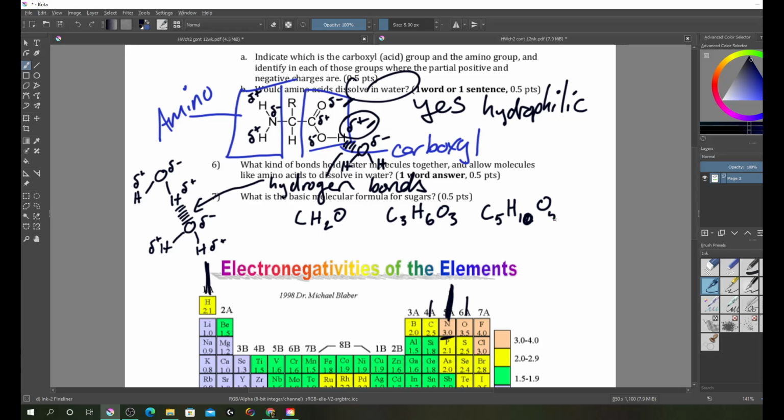C5H10O5, again, same number of carbons and oxygens, twice as many hydrogens as carbons. You can have glucose, that comes up a lot in biology. This is where you get the H12. But you see that the ratios stay the same. 1 carbon to 2 hydrogens to 1 oxygen. This is supposed to be an O, not a 0.